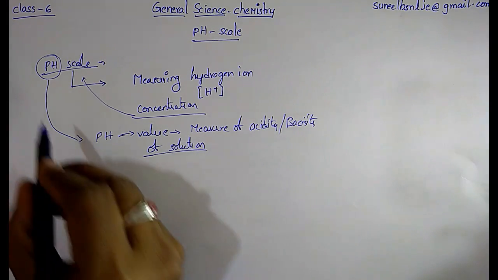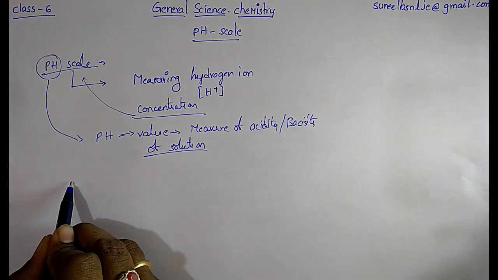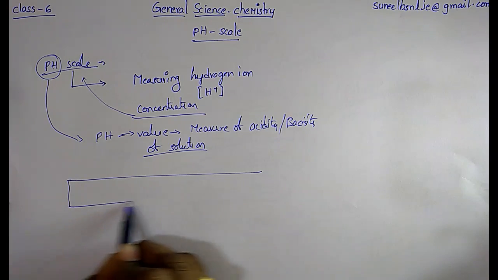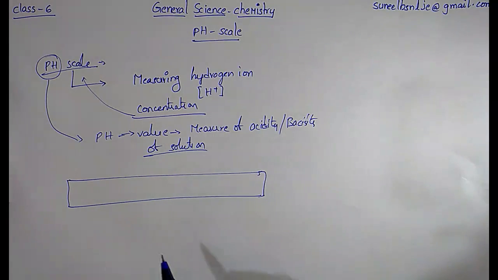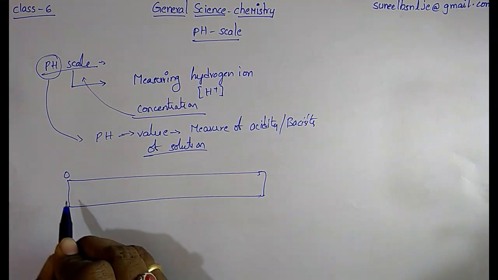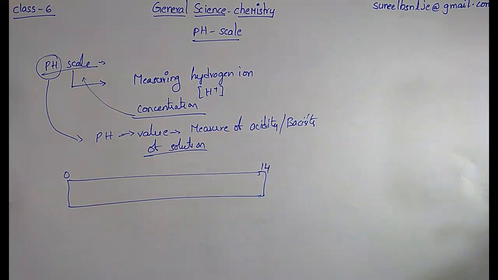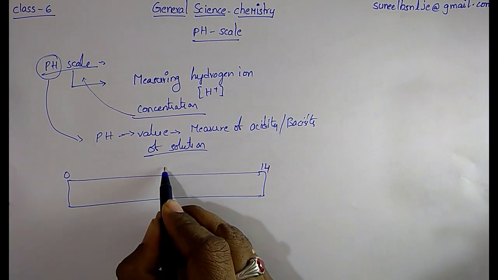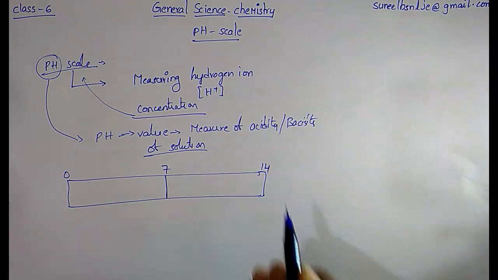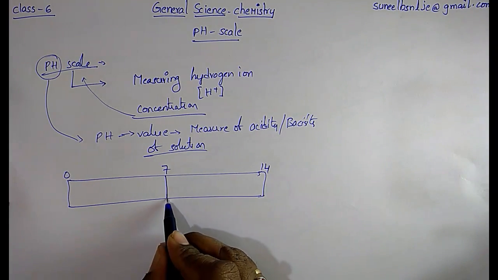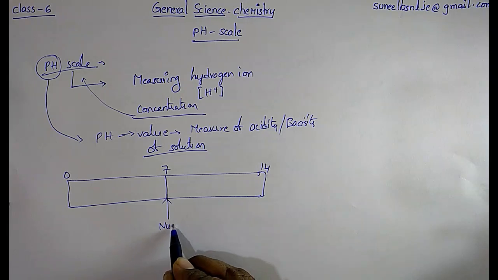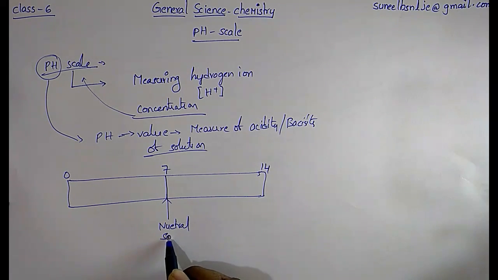If you take the pH scale, it generally goes from 0 to 14. Here 7 is considered the neutral point.